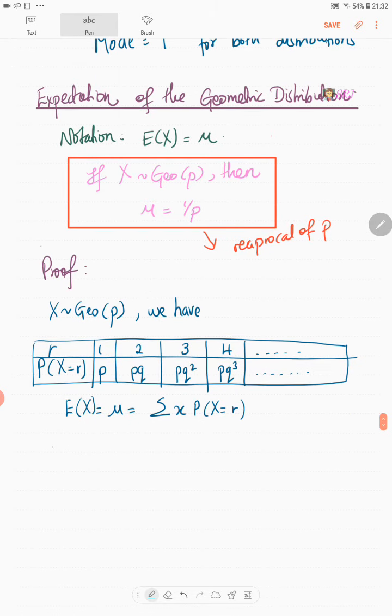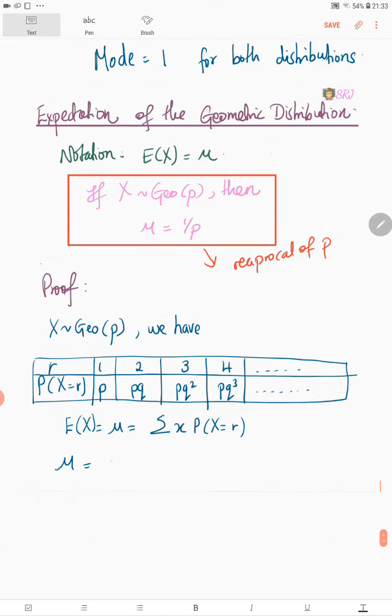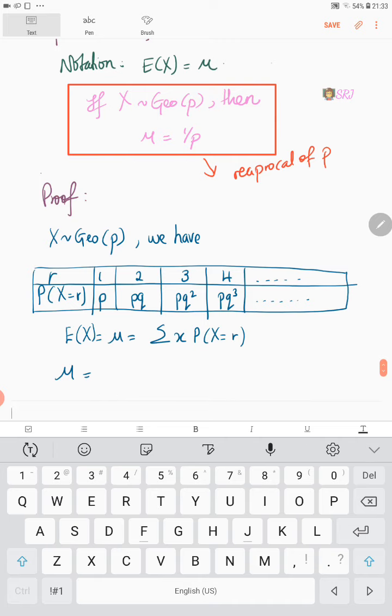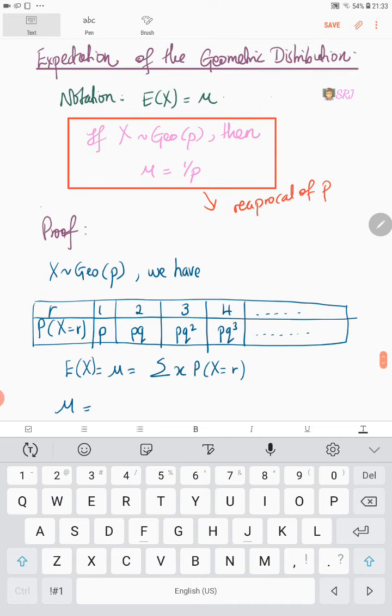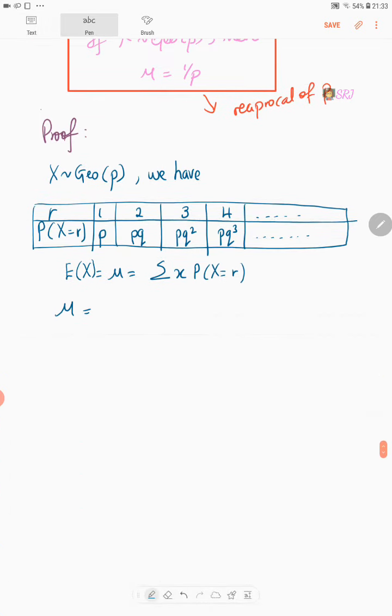So we write mu, which is equal to 1 times p, which is p. Next, 2 times pq. The next one is 3 times pq square. Then we have 4 times pq cube, and so on.